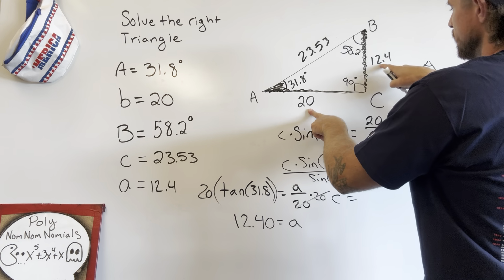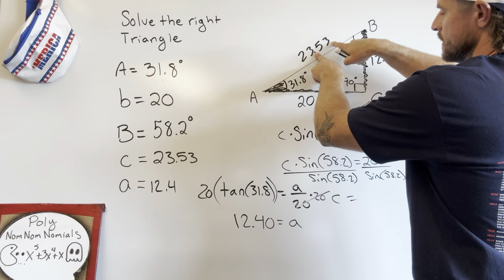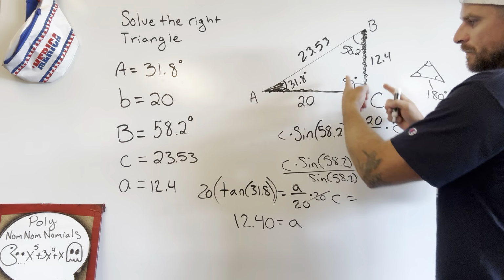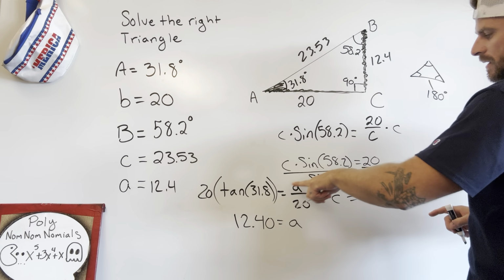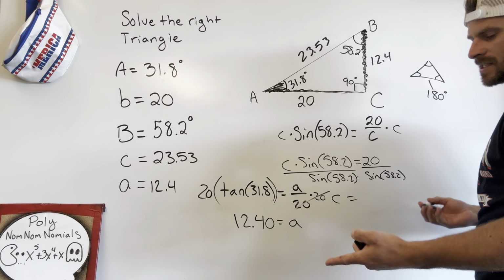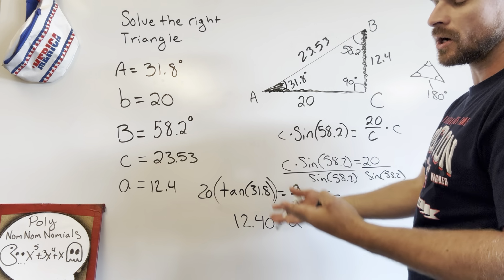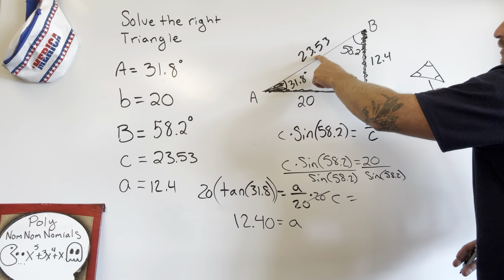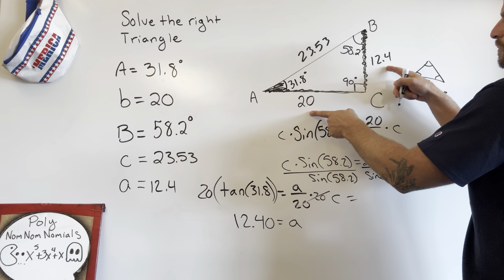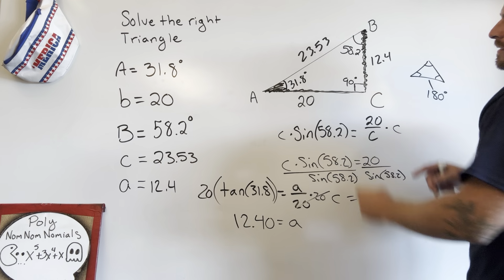You can then go in and plug these into the Pythagorean theorem, see if it comes out to this. Keep in mind that we are simplifying these down when we're plugging these pieces of information in. We're getting decimals that go much longer than this, so we are rounding our answers. You should be close to 23.53 when you plug these two pieces of information into the Pythagorean theorem.